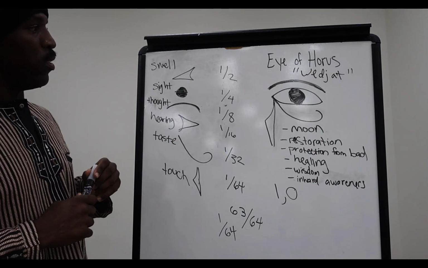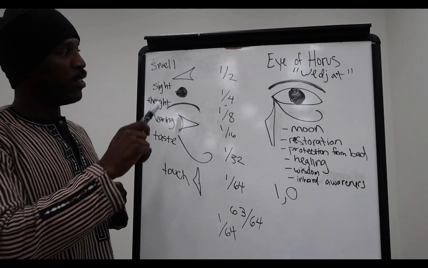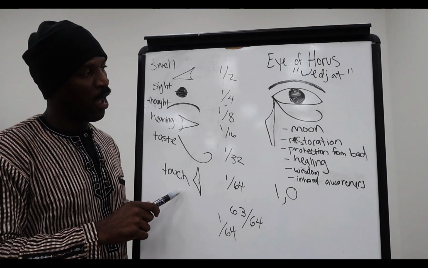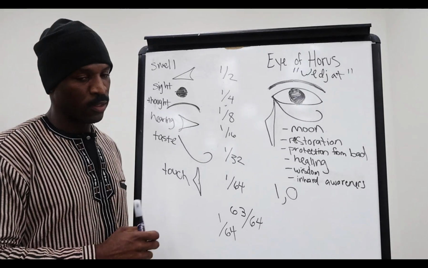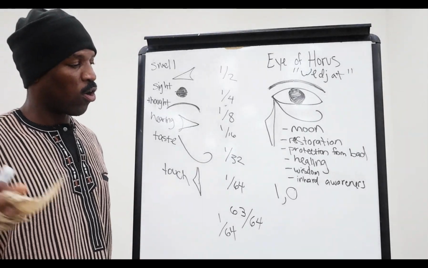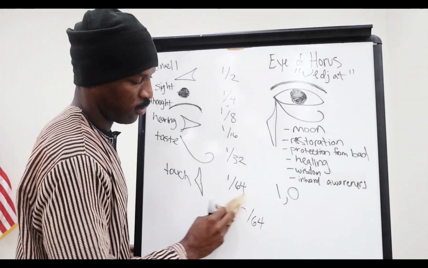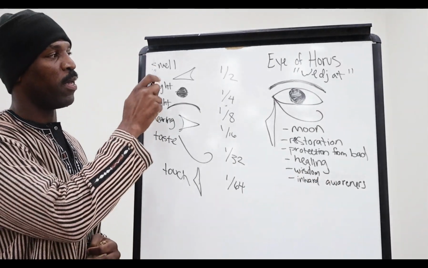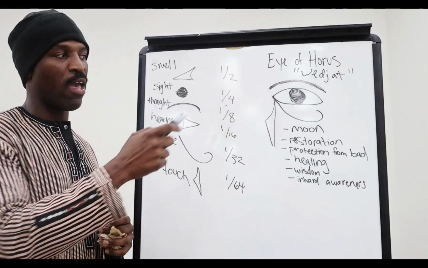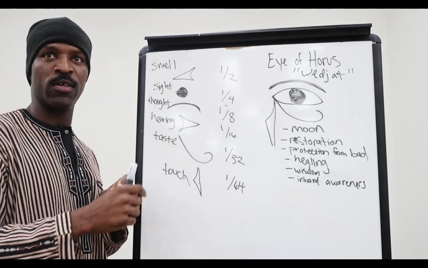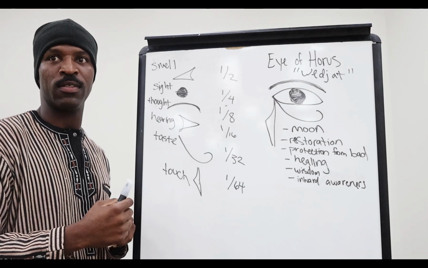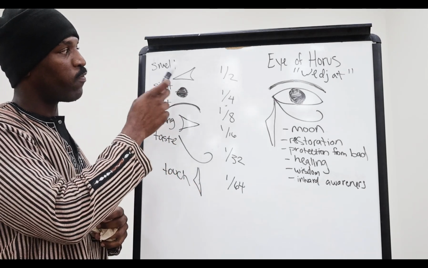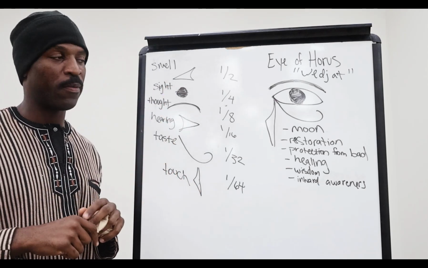Now, you'll notice that each of these pieces of the eye coincide with fractions, and the largest fraction here is actually smell, 1/2. 1/2 is bigger than 1/4. 1/4 is smaller. 1/8 is even smaller. 1/16 is even smaller. So the largest fraction here is a half, right?